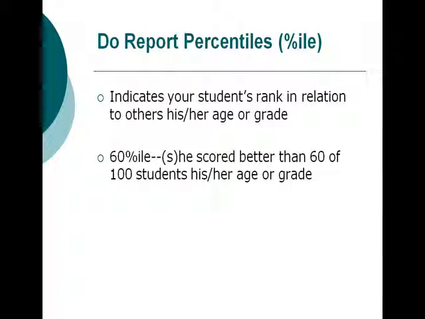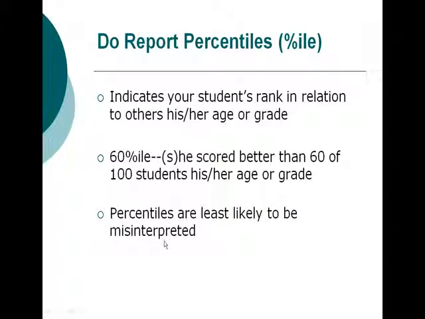So, for example, if little Sarah in 2nd grade got 4.2, she'd probably be at the 60th, 65th, maybe 70th percentile, which means she needs to be challenged. She's not reading at grade level, but she's not necessarily reading at 4th grade level. So the percentiles are the least likely to be misinterpreted.